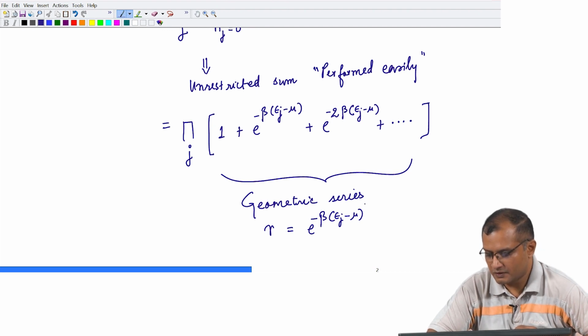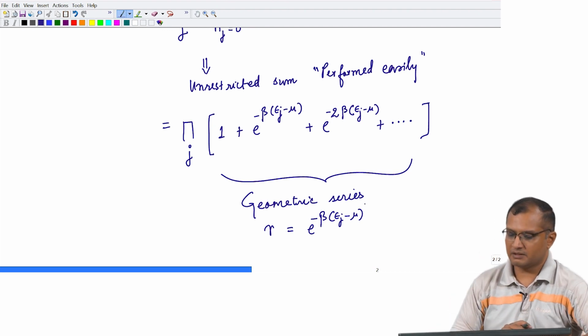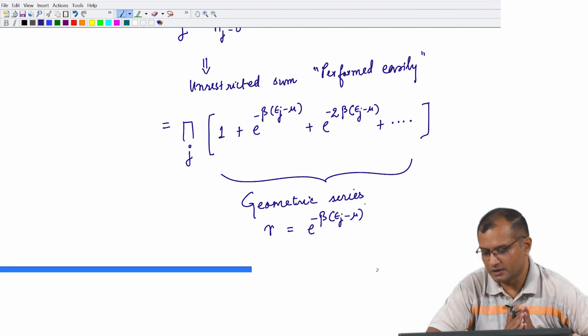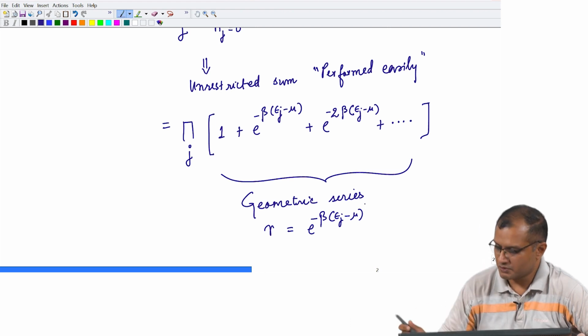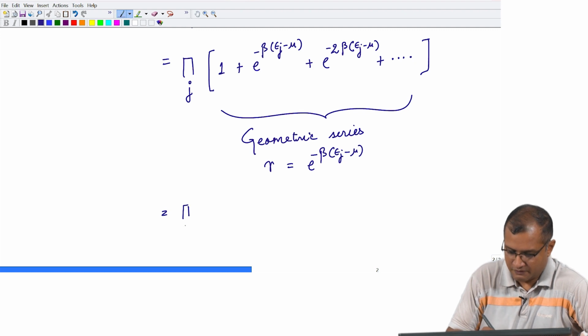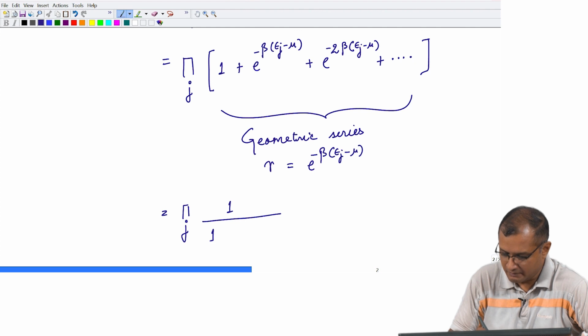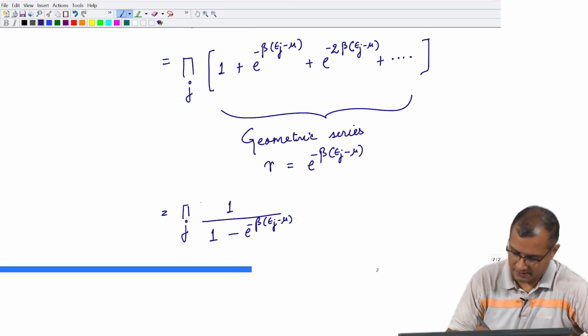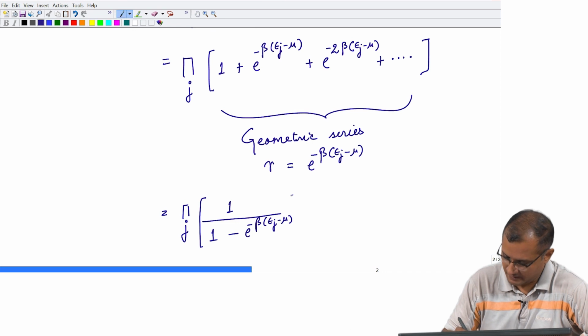The ratio of the successive terms in the limit n going to infinity converges for any value of beta E_j and mu. So, this sum converges to the closed form 1 upon 1 minus the common ratio, which is e raised to minus beta (E_j minus mu). Okay. That is the converged sum.